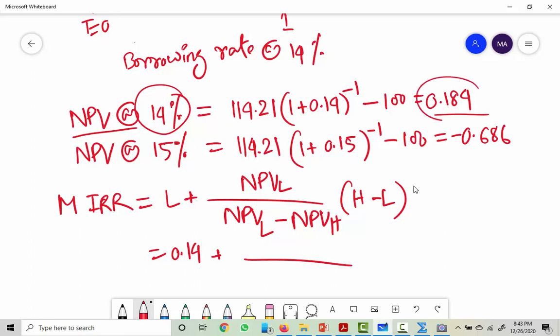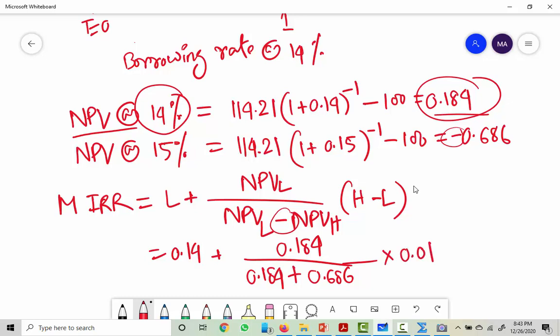At the lower rate we will always get positive NPV. There is a minus from the formula, and again here is a minus. So minus multiplied by minus, we will always have a plus here. The difference between the lower rate and higher rate is 1%, that means 0.01.